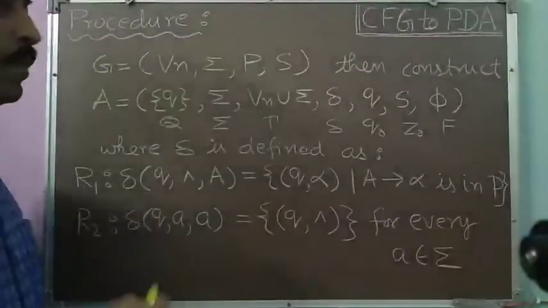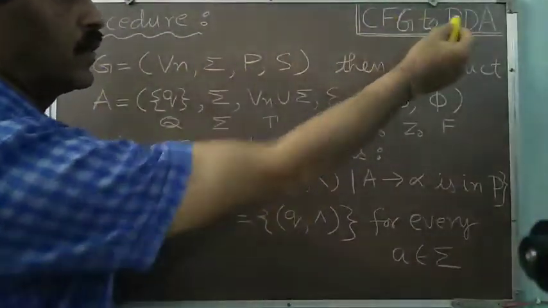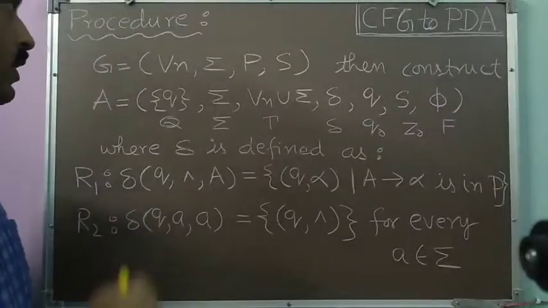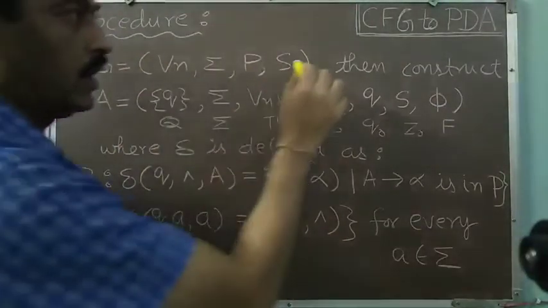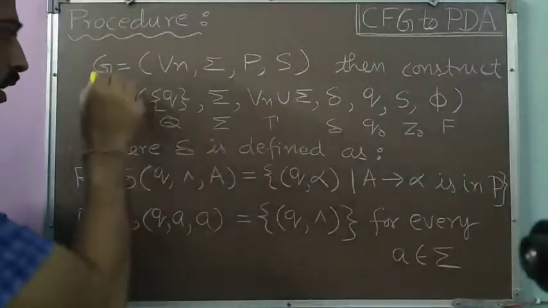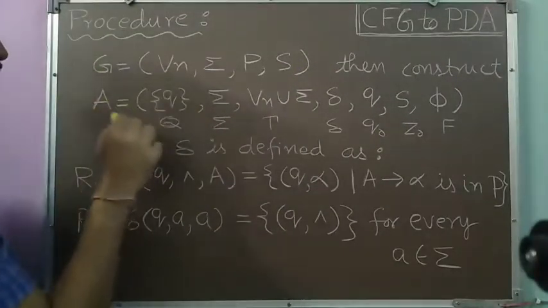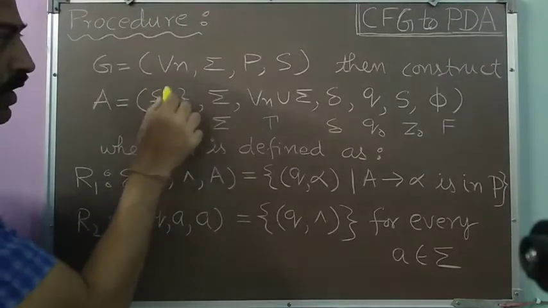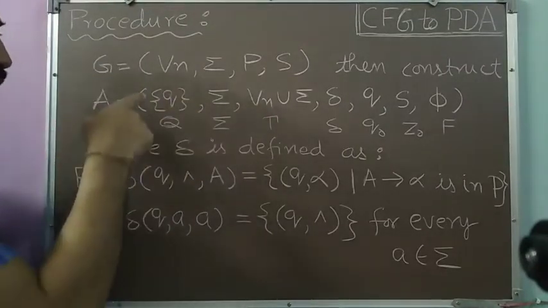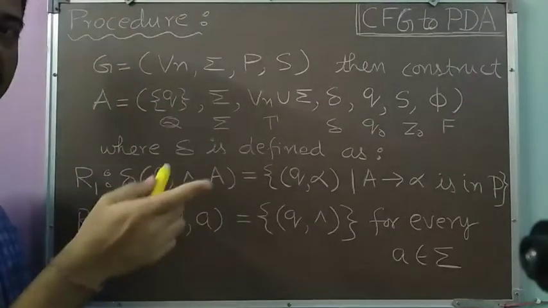Now we come to the procedure of converting context-free grammar to the push-down automata. Again, we are assuming that G is equal to (Vn, Sigma, P, S), a CFG. Then we are going to construct a PDA A such that the set of states Q has only one state, that is q. So there will be only one state in our PDA.